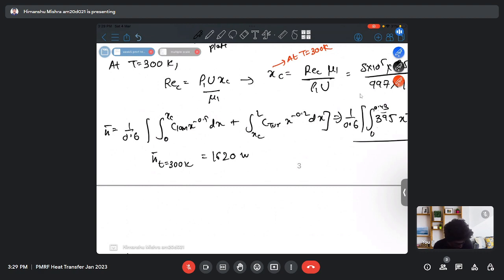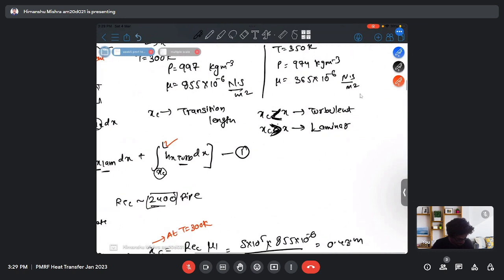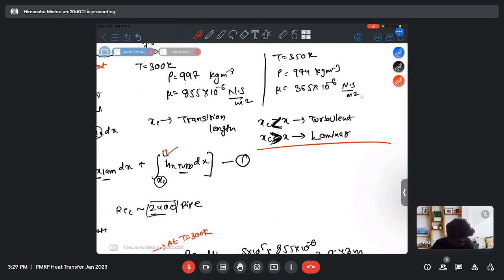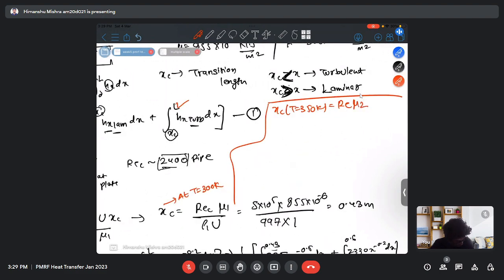1620 watt per meter square Kelvin, and I can repeat the same procedure for 350 Kelvin. So again I need to find the critical length for temperature 350 Kelvin. Mu_2 rho_2 u.